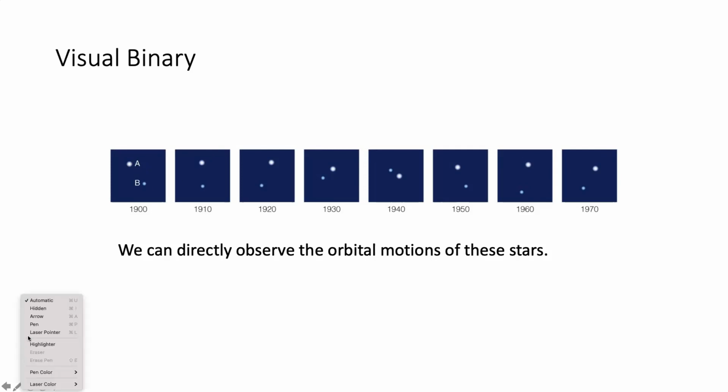Then in the next image 10 years later, star A has shifted a bit, going clockwise from this perspective. Star B has also gone a little bit around, and then they both continue on their way. There we go. See, they're getting a little bit closer together. That orbit gets tighter and tighter.